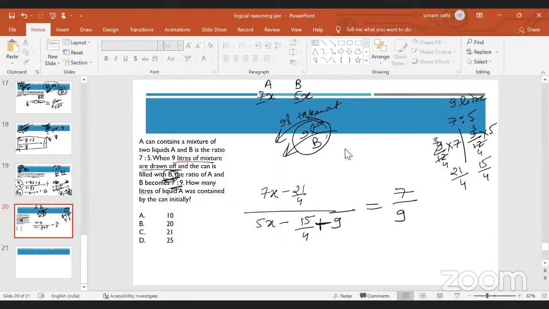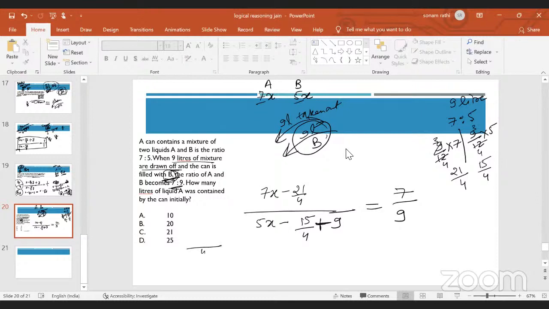Do the calculation. Okay, do the calculation.